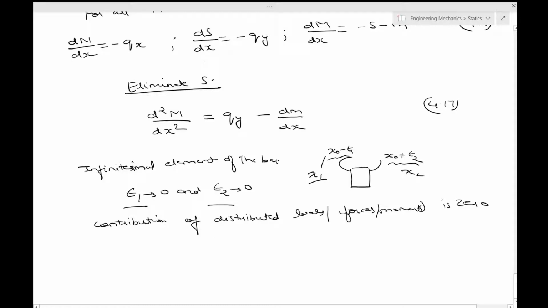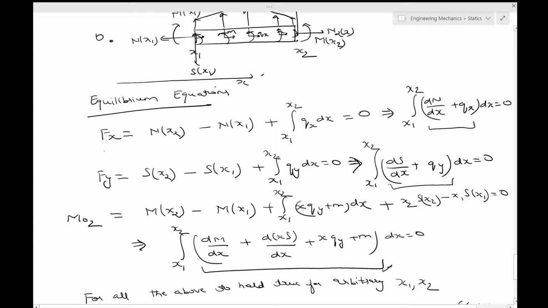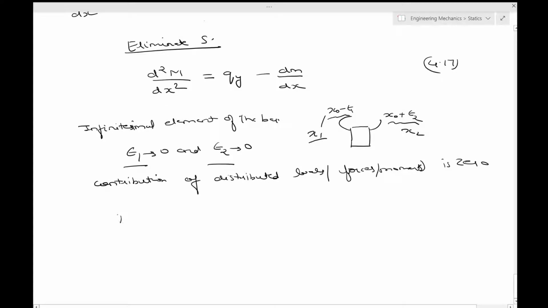Now once you write this expression for this case, you will get N of x naught plus, meaning it is x naught plus epsilon 2, minus N of x naught minus, which is x naught minus epsilon 1, plus Fx naught.